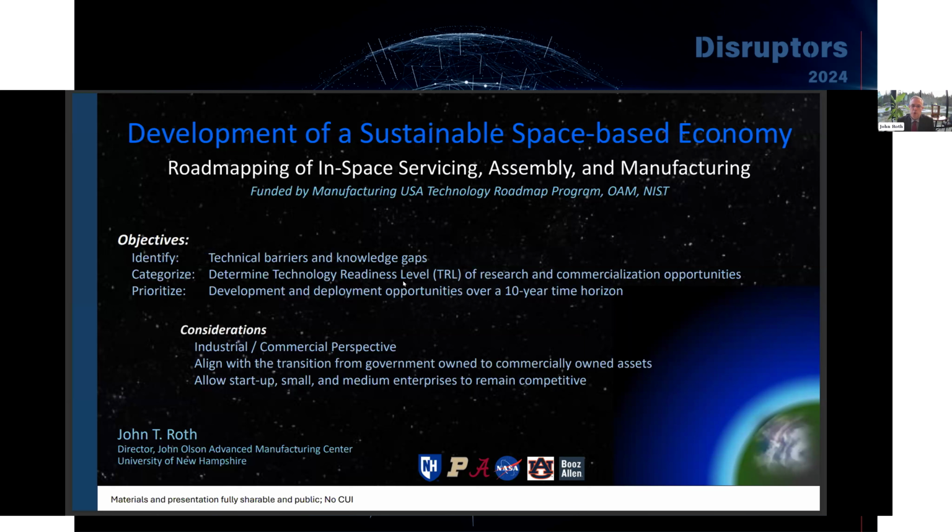And also a large push was to make sure that as we look at a space-based economy, it is not only accessible to large companies, but there are mechanisms that allow our current and thriving startups and small and medium enterprises to remain competitive in a space-based economy, where they're not overwhelmed by the investments that larger companies might be able to make and that they cannot. Next slide, please.